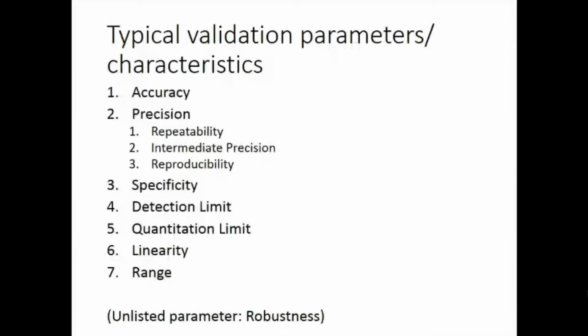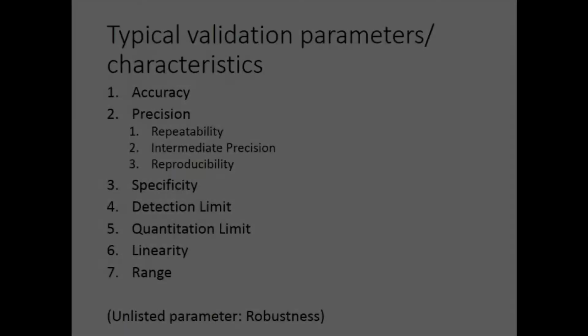Precision has 3 types: repeatability, intermediate precision, and reproducibility. You need to remember this preferably in sequence. Okay, I want you to copy this down. I will wait for you for 1 minute.